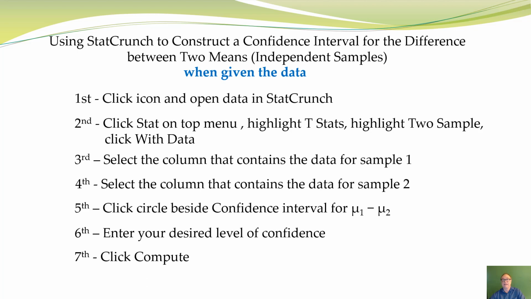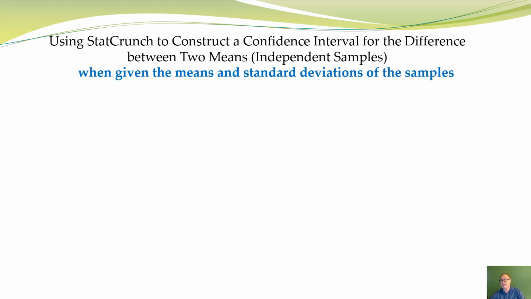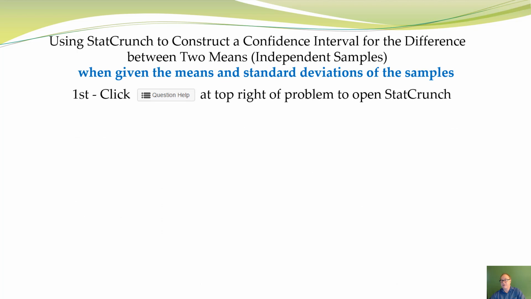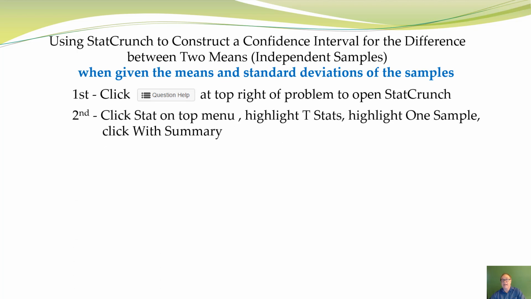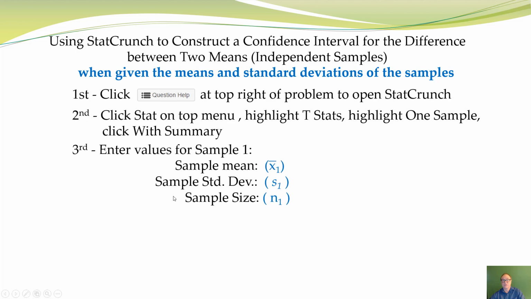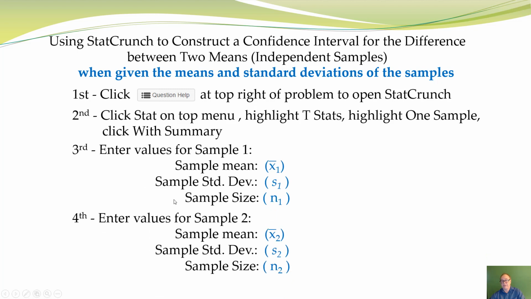Okay? And when given the means and standard deviations, then you just click the question help and open StatCrunch, and then click two sample with summary. Enter sample 1, enter sample 2. So this up here should be 2 sample, not 1 sample.